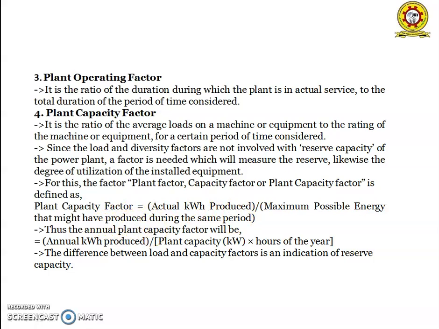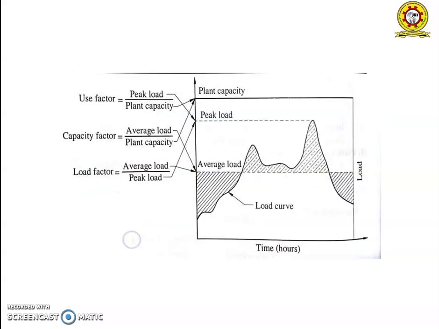Thus, the annual plant factor will be annual kilowatt hours produced by plant capacity in kilowatts into hours of the year. The difference between the load and capacity factor is an indication of the reserve capacity.